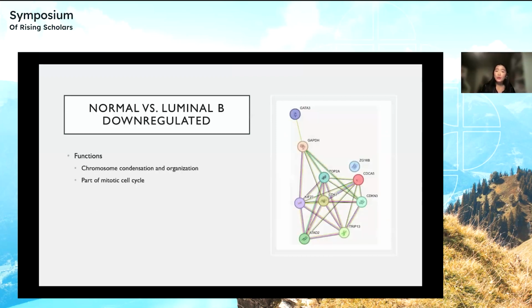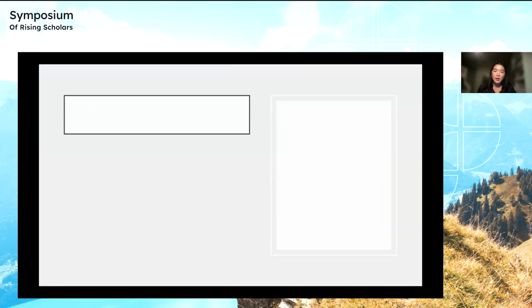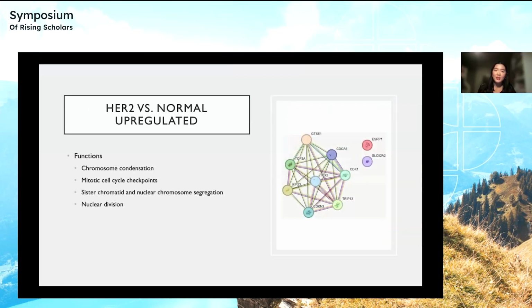And then for normal versus luminal B downregulated, these genes help with part of the mitotic cell cycle and chromosome condensation and organization. And for HER2 versus normal upregulated, which means these genes are more expressed in the HER2. If it's downregulated, it means they're more highly expressed in the second subtype.